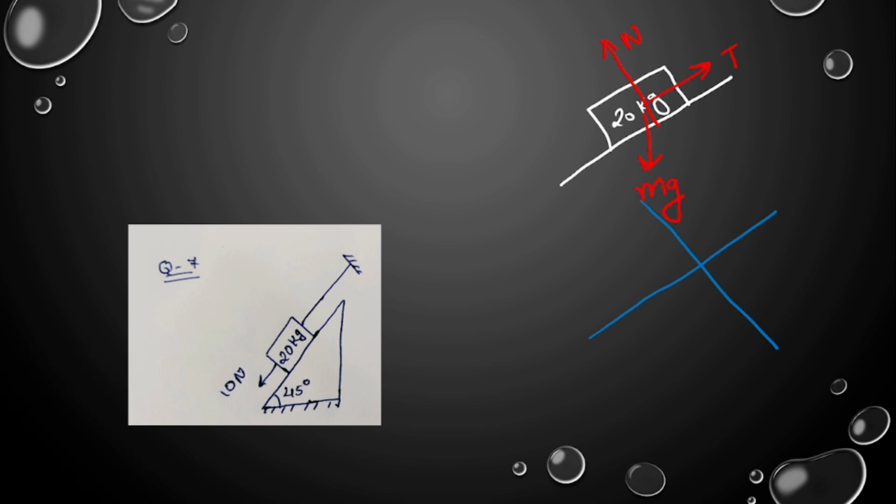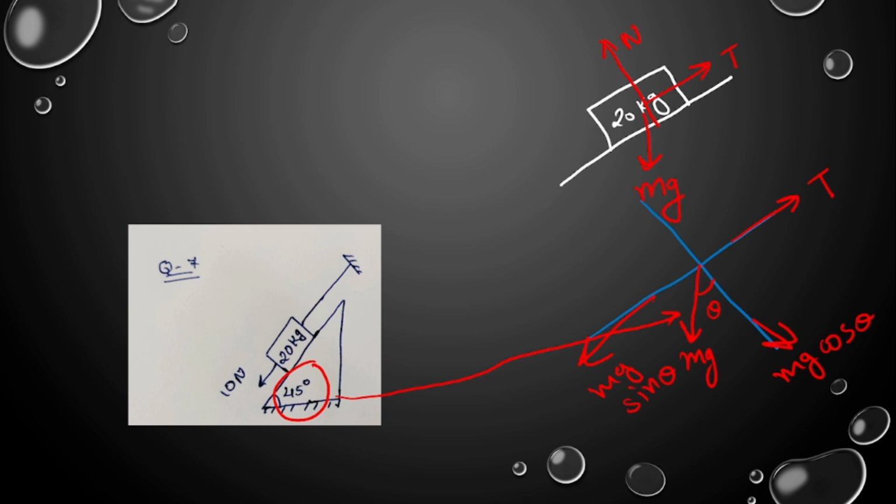Drawing the FBD. Tension is in this direction. This is the direction of mg. This will be theta, and theta is 45 degree. So this will be mg cos theta. This will be mg sin theta, and this will be normal.